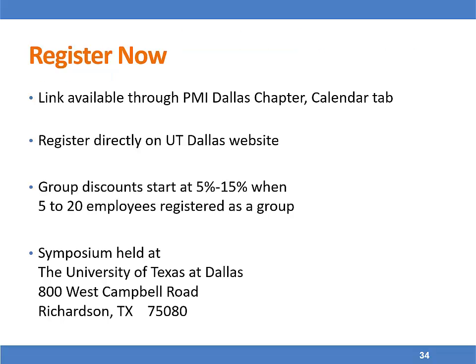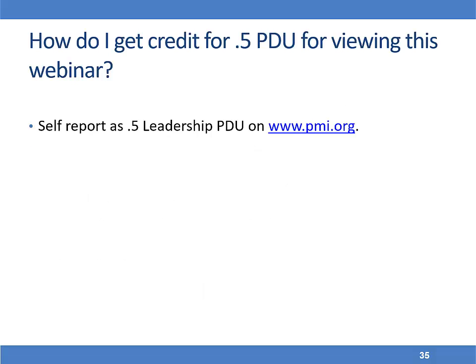There are group discounts available, so talk to other people in your company or your HR department perhaps and see if your group might qualify for a discount. You can start getting a discount with only 5 employees from a particular organization. The symposium is held at the UT Dallas campus in Richardson at 800 West Campbell Road.